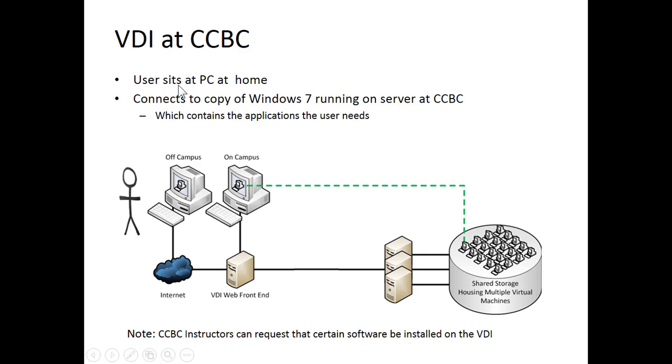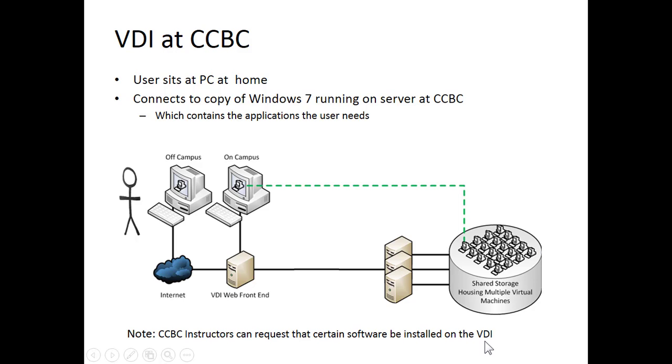So with the VDI, the user sits at a PC at home or at the library and connects to a copy of Windows, which is running on the server at CCBC, and that copy of Windows contains the applications that the user needs, the applications that the user does not have on his home computer and which are not available at Baltimore County Public Library. So note, CCBC instructors can request that certain software be installed on the VDI.